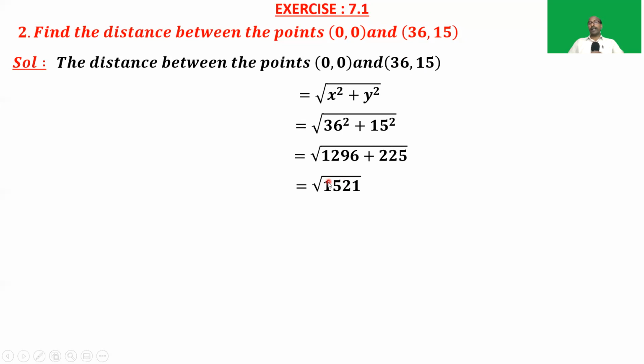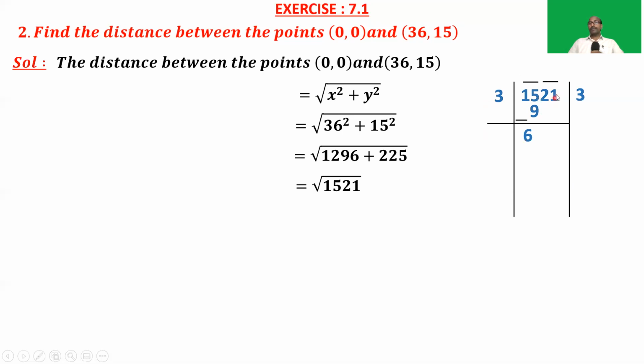So let us find the square root of 1521. So take 1521. Now 3 3s are 9, and subtracting from 15 we get 6.